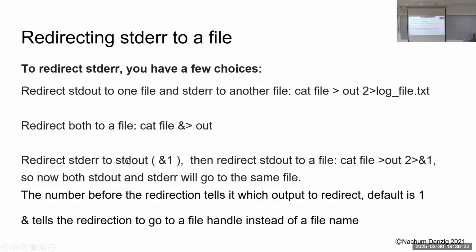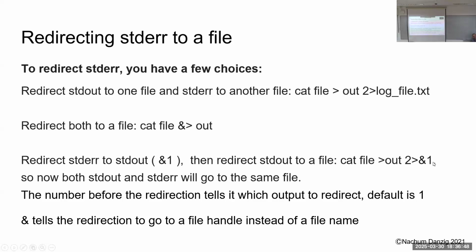Redirect the standard error to the standard out. Then redirect the standard out to a file. So here, I'm saying like this. First of all, I'm saying redirect the output of the cat into this file called out. And then 2 arrow ampersand 1 means take the standard error messages and put them into, not a file called 1.